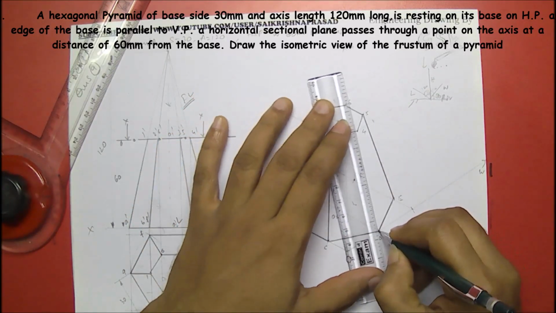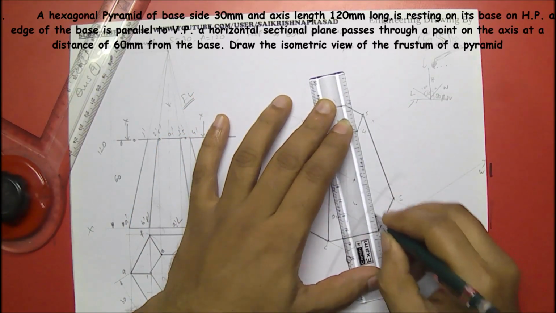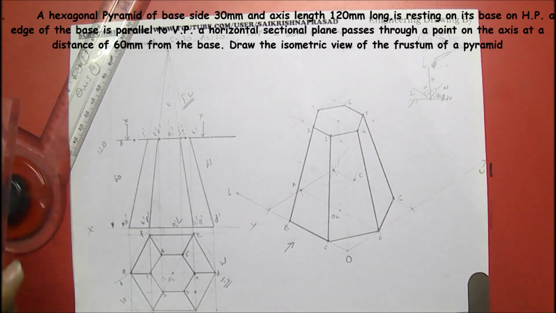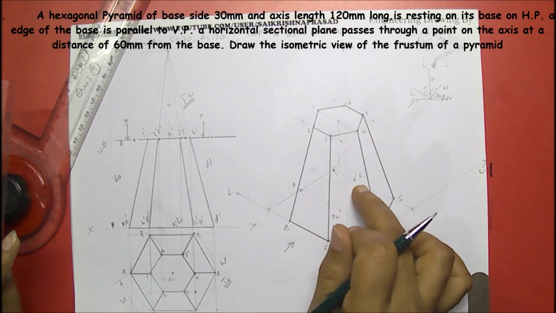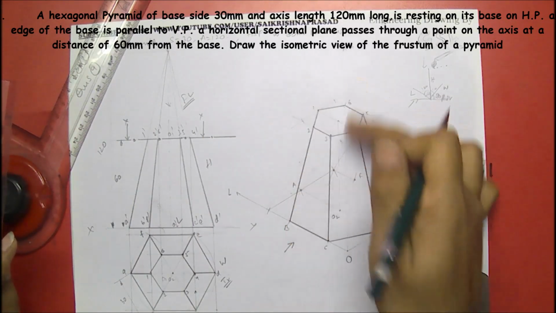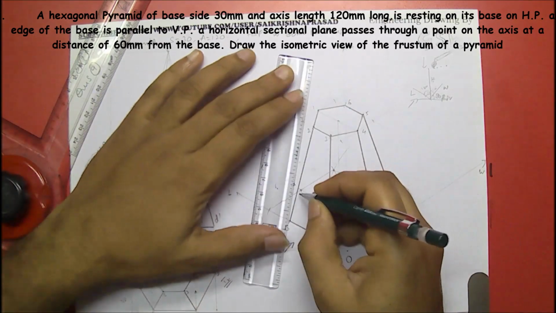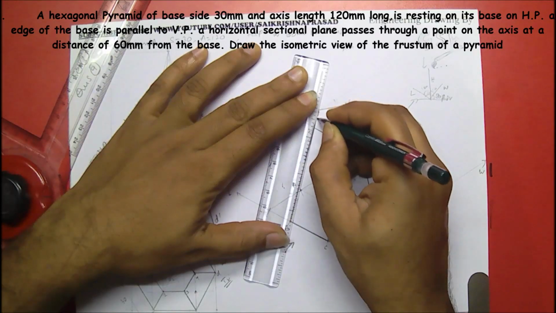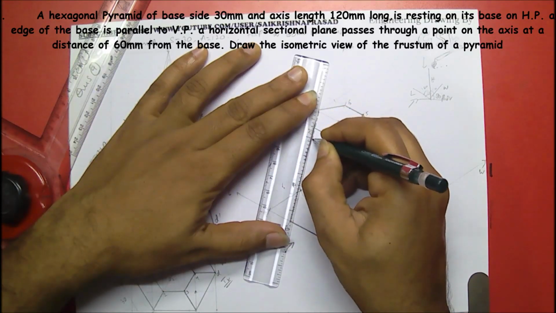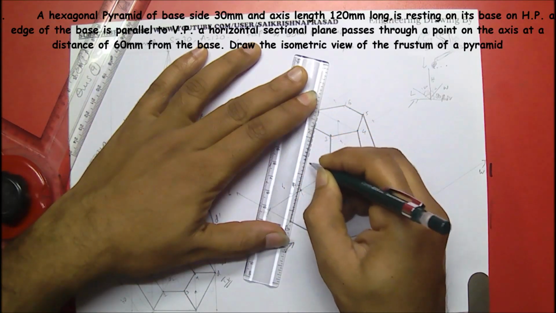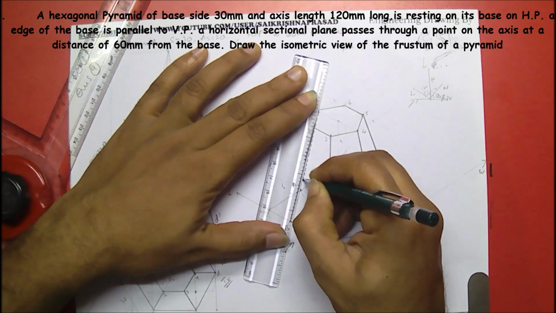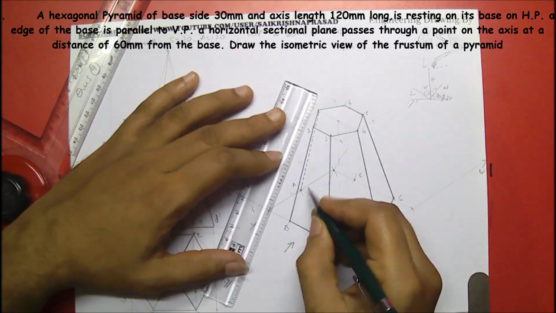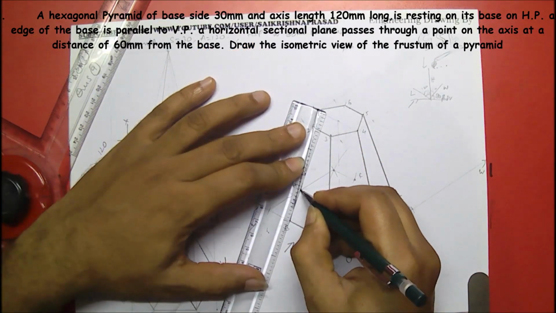I can see 4 and 5, but I can't see this A, F and A1, 6 F, so they are hidden. Next I can't see B and A, so they are also hidden.